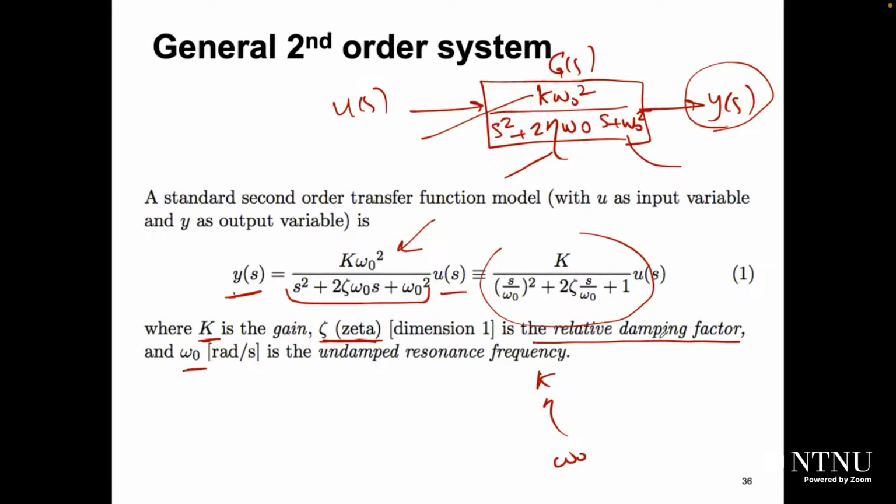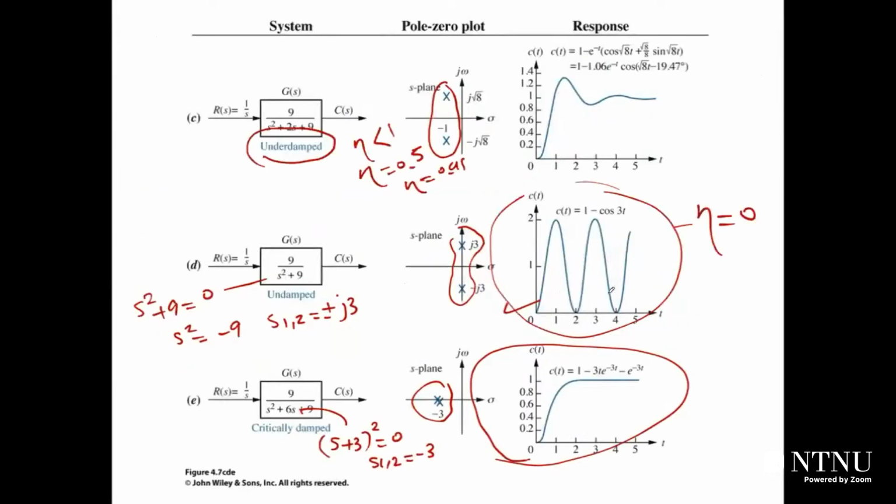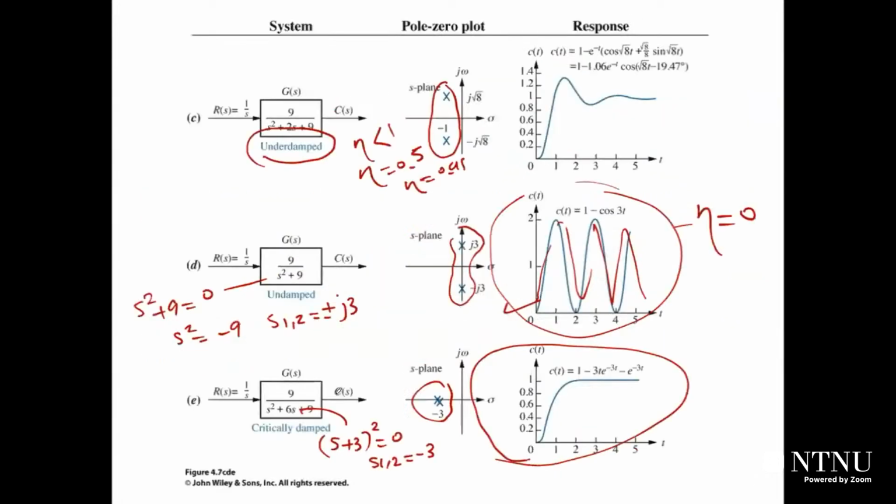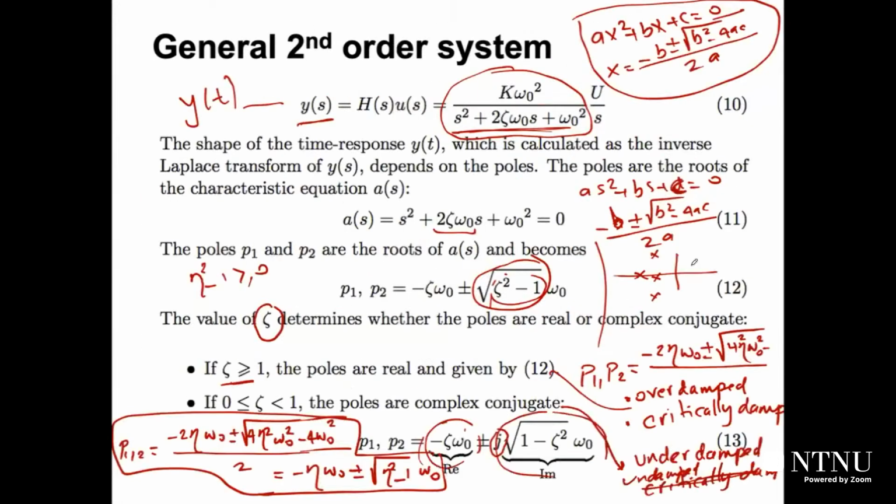We call it the relative damping factor. So this relative damping factor is very, very important. This omega n is the undamped natural frequency, the frequency of that part. So the conclusion here is that your second order system will be defined by two important factors.